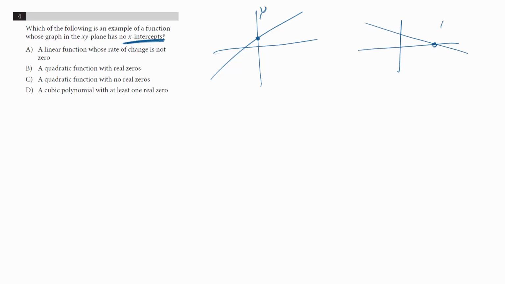It's just where it crosses the x-axis. So if we look at each one individually, a linear function whose rate of change is non-zero. A zero rate of change would mean that it's completely flat and it never touches.